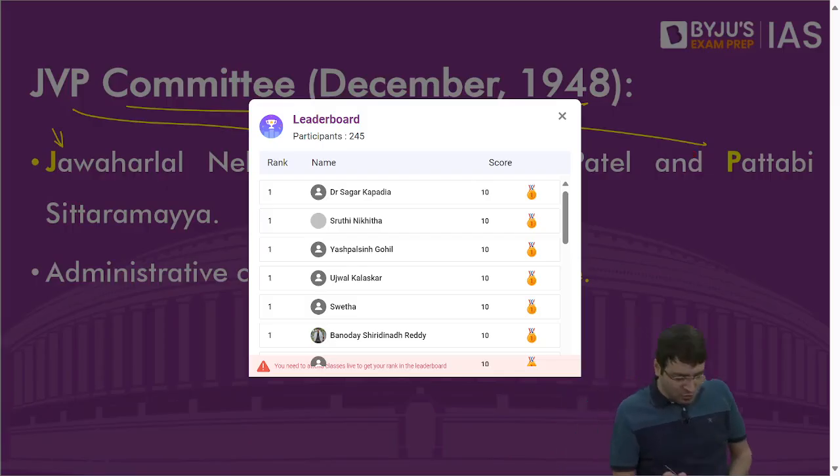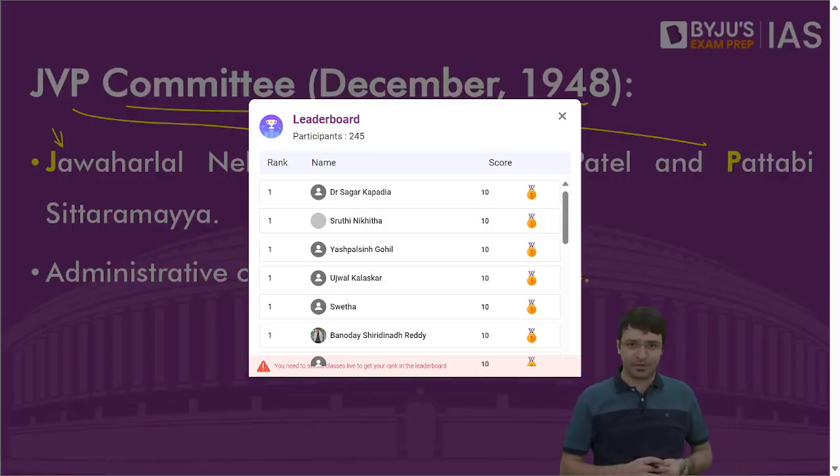The JVP Committee also reiterated that we should not create states in the name of language, because that is going to be another reason for partition. Create states on the basis of administrative convenience. Create states of such magnitude that it becomes easy to govern them. It should not be too small, it should not be too large.